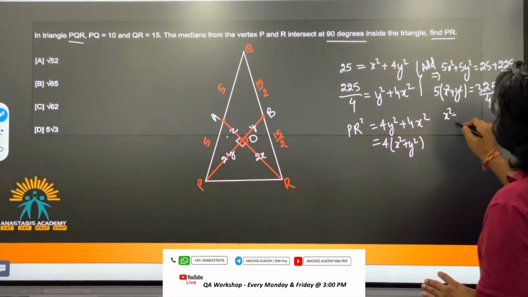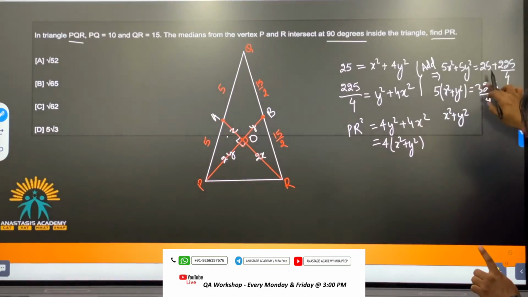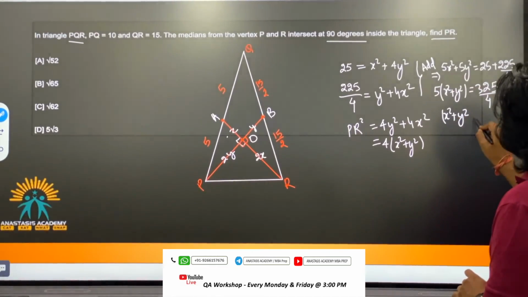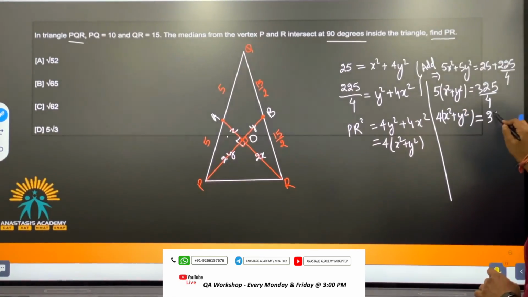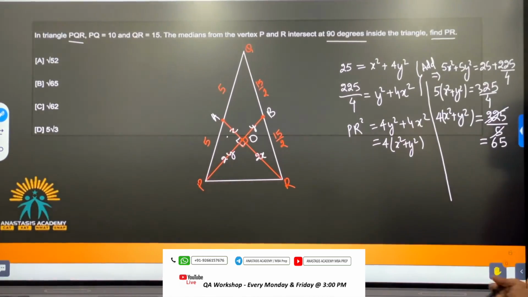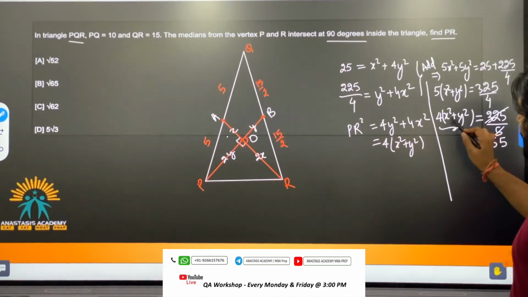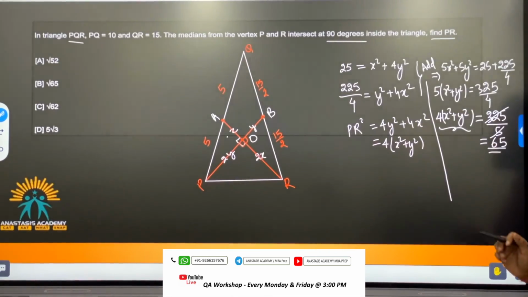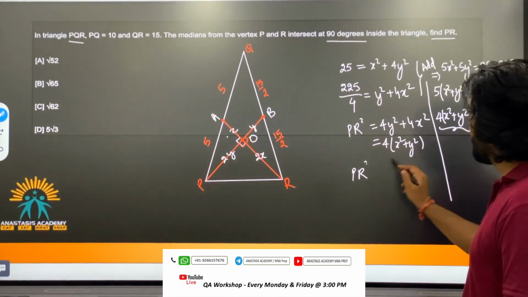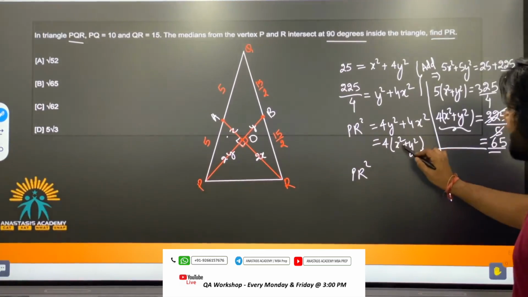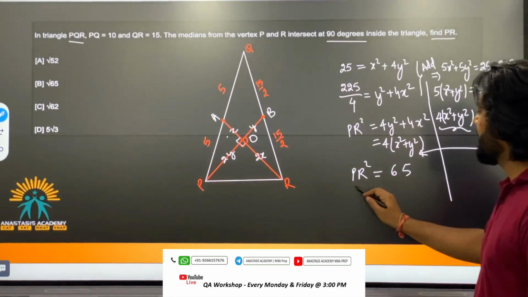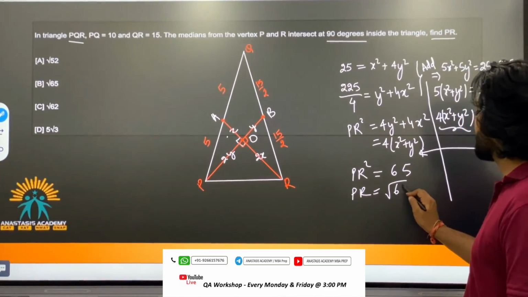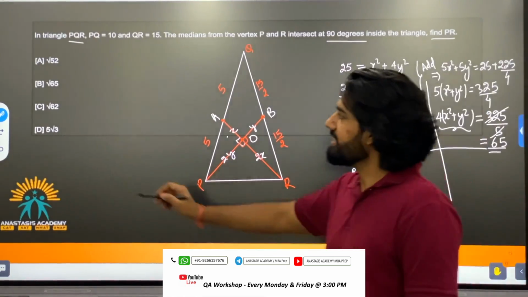So x square plus y square, if I cross multiply these terms, it becomes 4 times x square plus y square is equal to 325 divided by 5, which is 65. So I know the value of 4 times x square plus y square is 65. So PR square, put this value of this expression here. PR square becomes 65 and the length of PR becomes root over 65. So the correct answer to this question is option B.